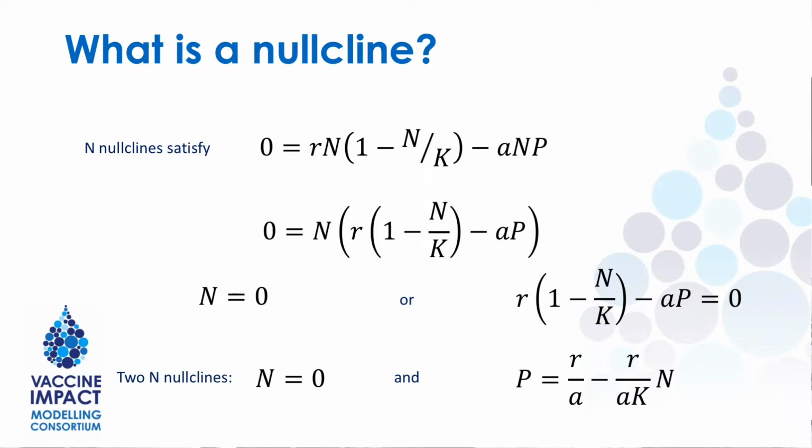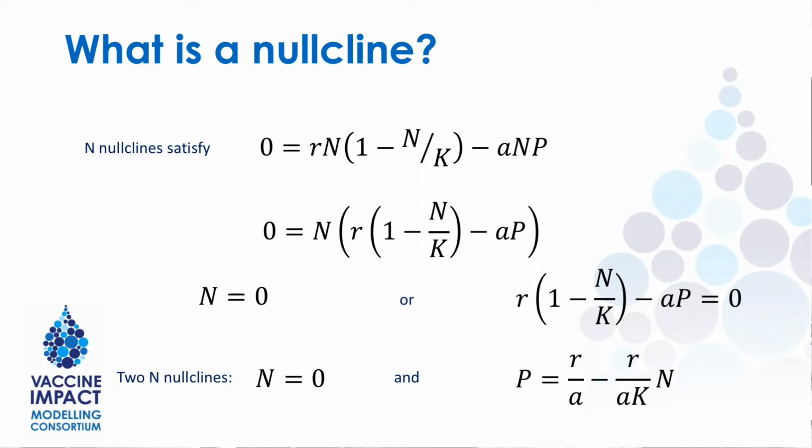If n is not equal to 0, then this whole thing needs to be 0. And that only makes sense if we've got p equal to a straight line in n. Okay. So we've set our differential equation to 0. We've rearranged to find our 2 nullcline solutions.